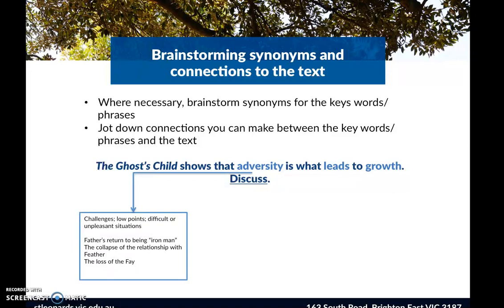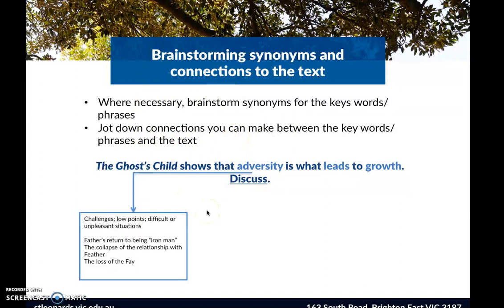And something that can be helpful for me to come up with those synonyms is using my dictionary. And hopefully I have brought a dictionary into the exam with me. So some synonyms I might come up with are challenges, low points, difficult or unpleasant situations. I've then undertaken that second step as well of jotting down connections between the key phrases and the text.